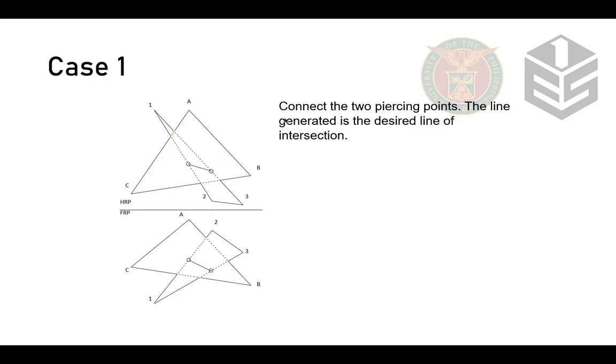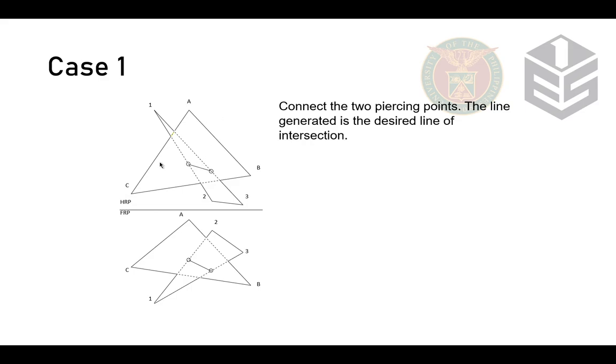Now, once we have generated these 2 piercing points, what we'll actually do is just connect these 2 points, and the line that it creates, as we've alluded to earlier in the visualization part, is actually our line of intersection. Okay, so again, as I mentioned earlier, once you find 2 of the piercing points, you don't actually need to check the other lines if they have a piercing point.